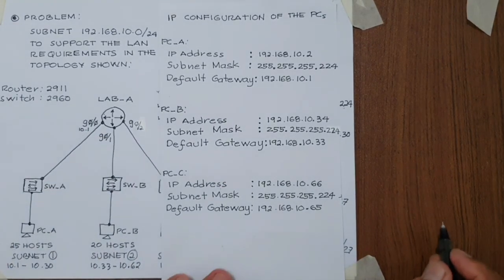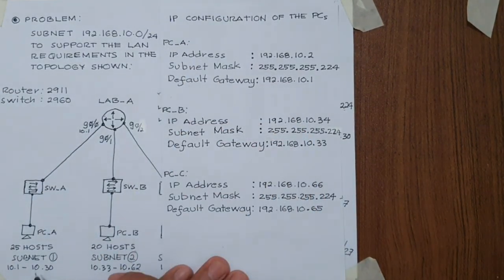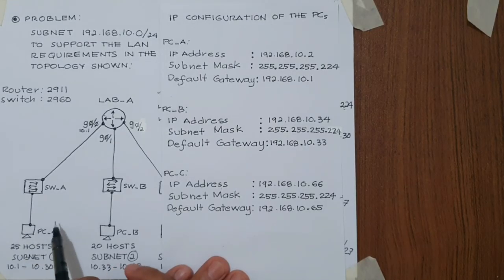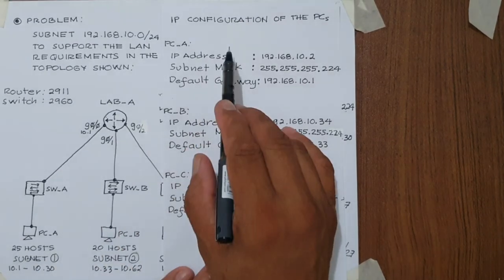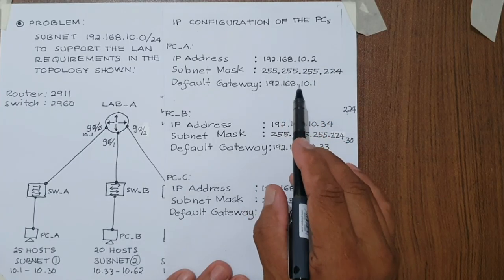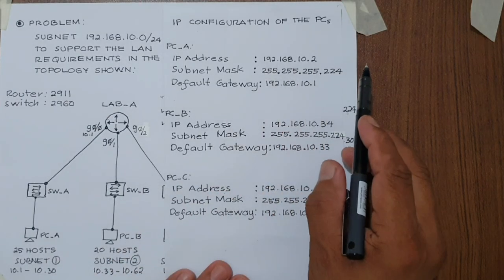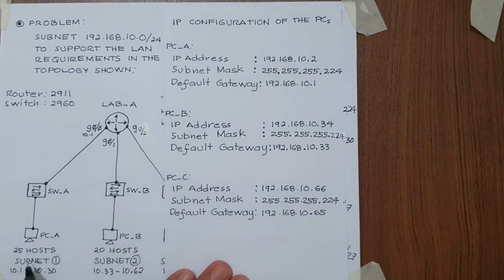There. Okay, so this is the configuration of computer A. If you have another computer, its IP address will be 10.3. The same subnet mask, the same default gateway. Another computer, 10.4. And so on after all the 25 hosts have been configured.